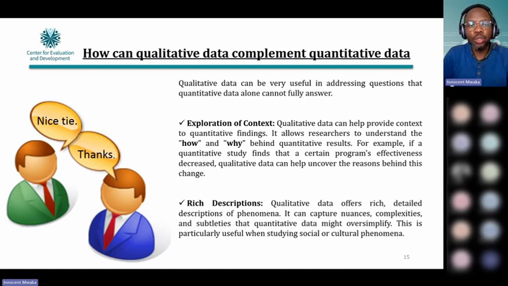We can also use explanation, like we used in Uganda, to provide some explanation of why attendance of VTIs was the way it was, why there were some dropouts.